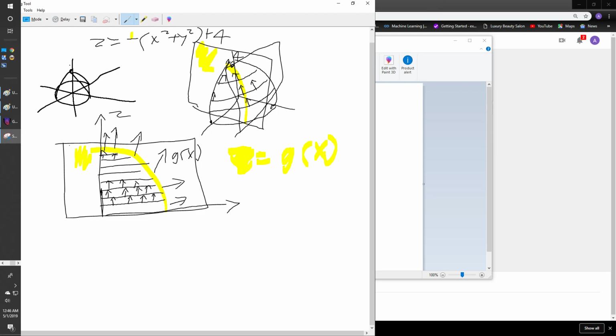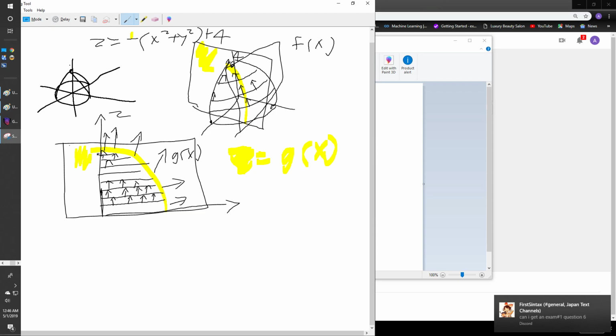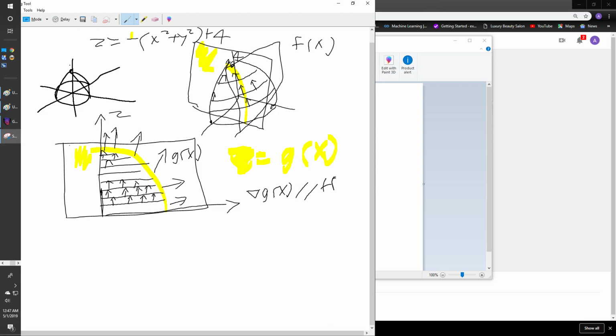What Lagrange's multiplier is: I want to find the place where f of x is increasing the fastest on the restriction g of x. That only occurs when the gradient of g of x is parallel to the gradient of f of x.